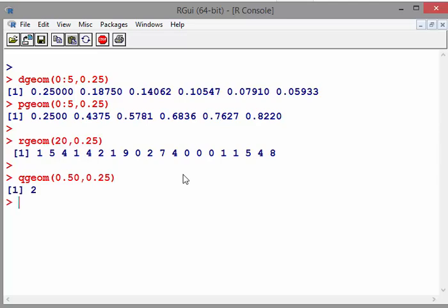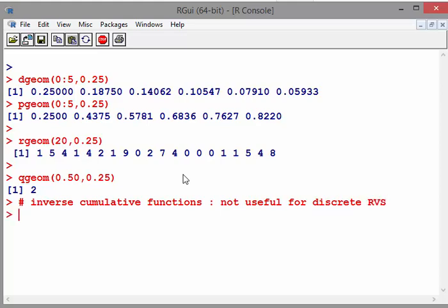The inverse cumulative functions are not particularly helpful for discrete random variables. They're not completely useless, but you would use them more for continuous random variables. That's a very important point about the geometric distribution.